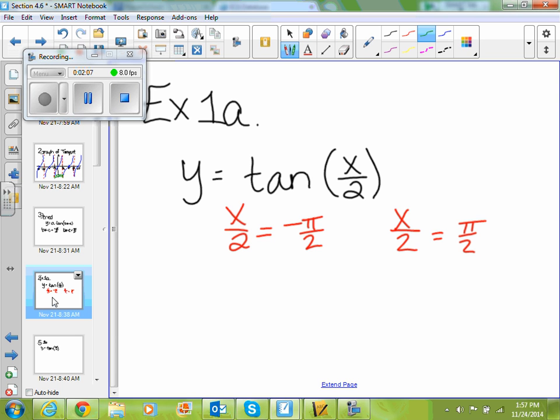Then we solve for x by multiplying each side by 2. And so we end up with x equals negative pi to be our furthest point to the left, and x equals pi to be our furthest point to the right.